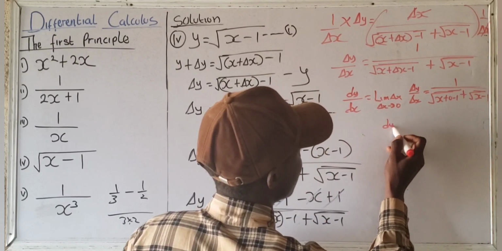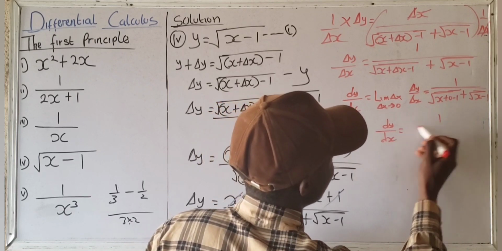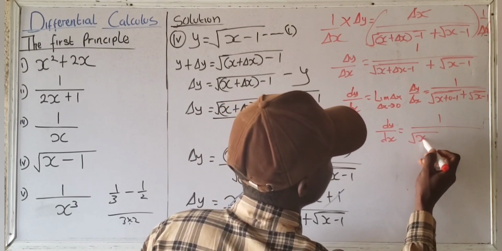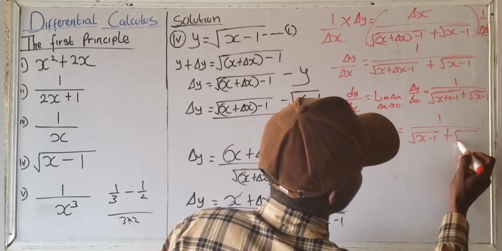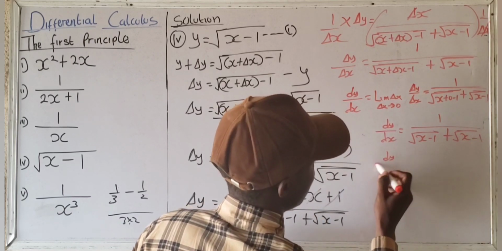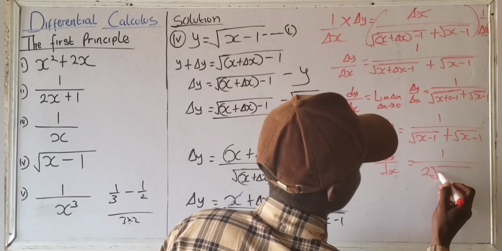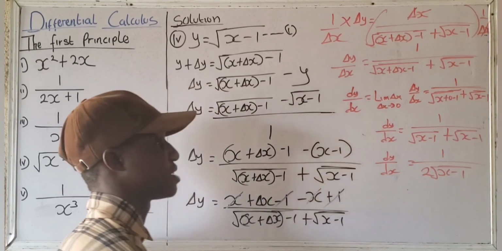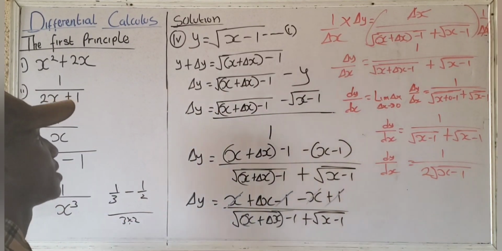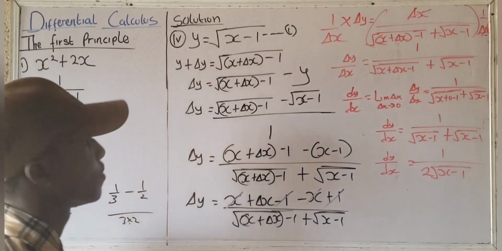Dy over dx equals 1 all over the square root of x minus 1 plus the square root of x minus 1. Dy over dx equals 1 all over 2 square root of x minus 1. That is the final answer to the differentiation of y equals the square root of x minus 1.